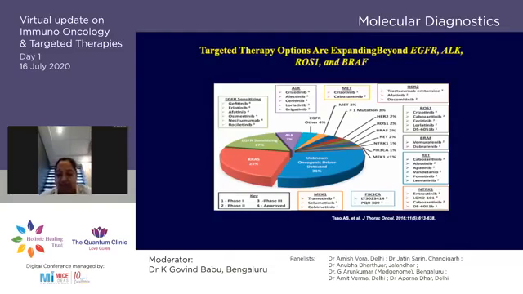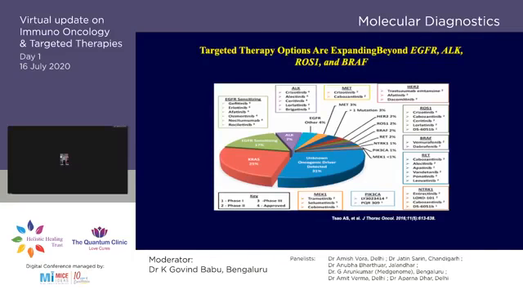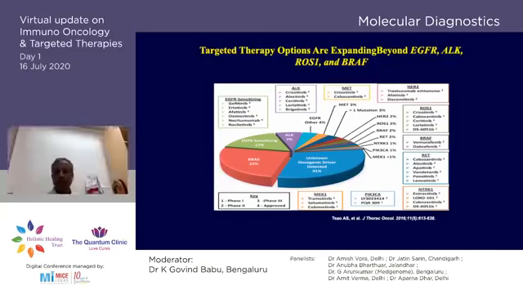Since you're running a molecular tumor board, what are your thoughts? Whenever you encounter something unusual in your response to the treatment, or you have early failures, NGS should come in handy. And sometimes you get quite good answers, which will be beneficial for the patient.